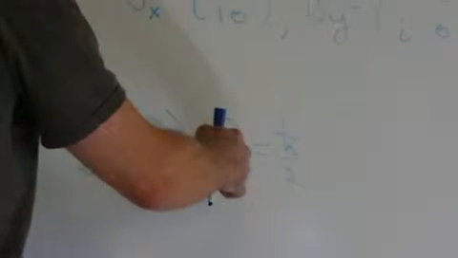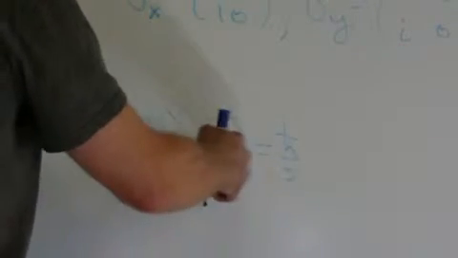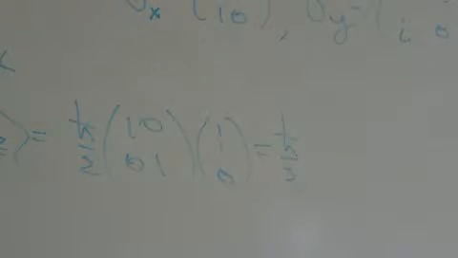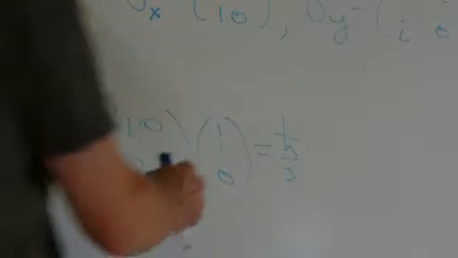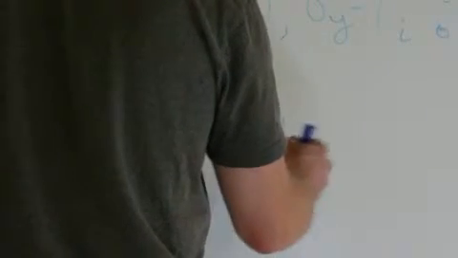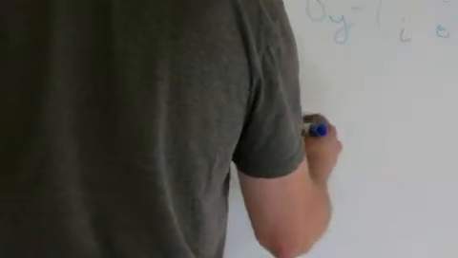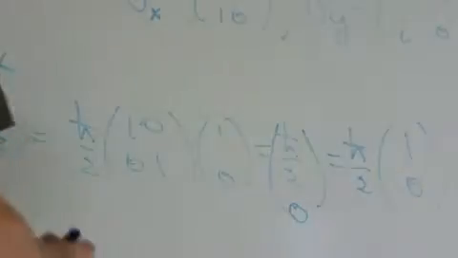So that equals h bar over 2 times 1 times 1 plus 0 times 0, over 0, which equals h bar over 2 times 1, 0. And that equals h bar over 2 times an up in z.